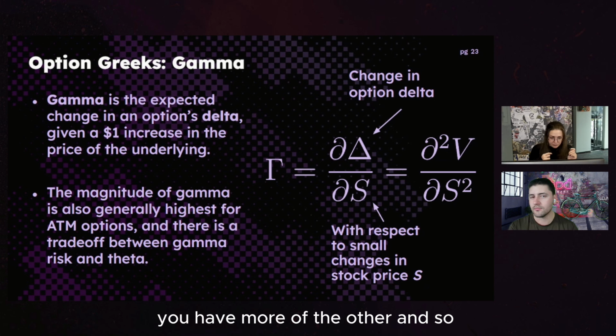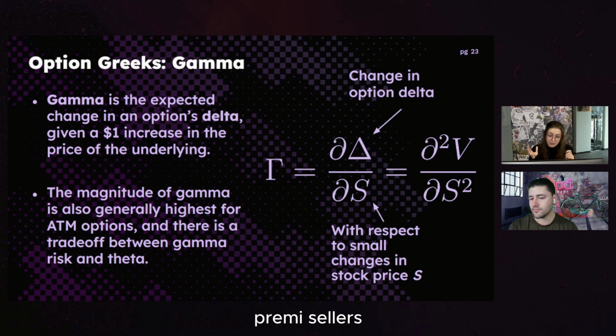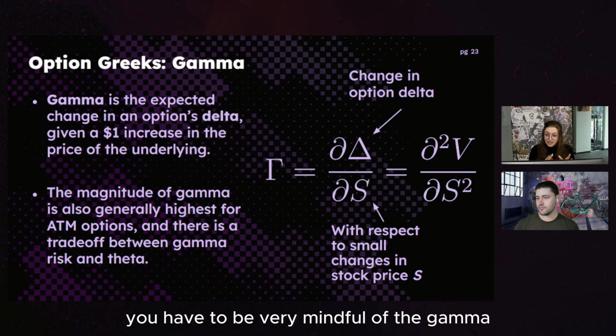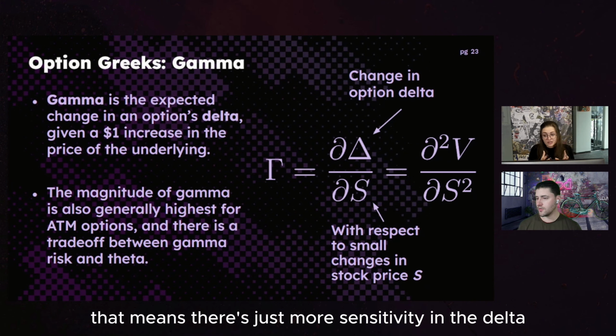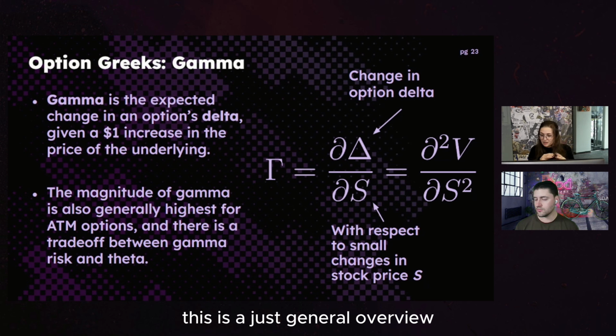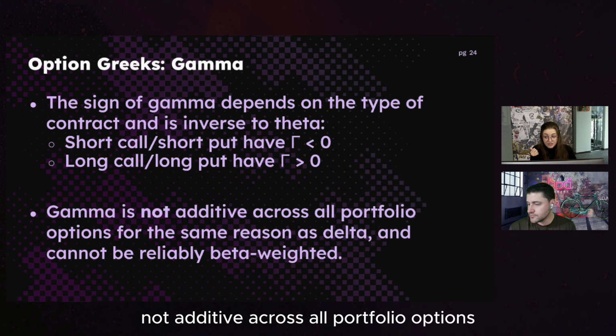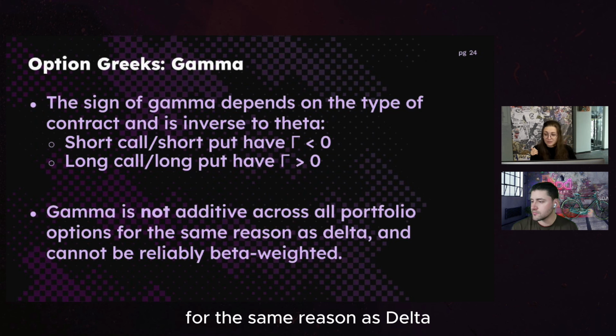So even though theta can be attractive to short premium sellers, you have to be very mindful of the gamma, because that means there's more sensitivity in the delta that comes with it. This is a general overview synopsis of what the trade-off means. And gamma is, very importantly, not additive across portfolio options for the same reason as delta.